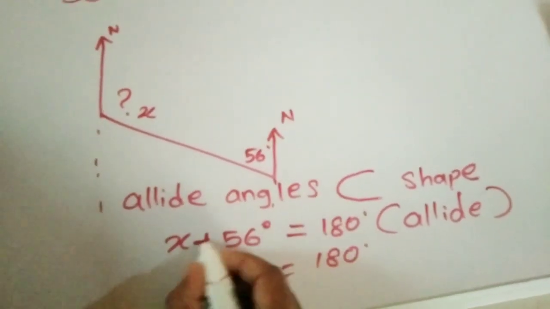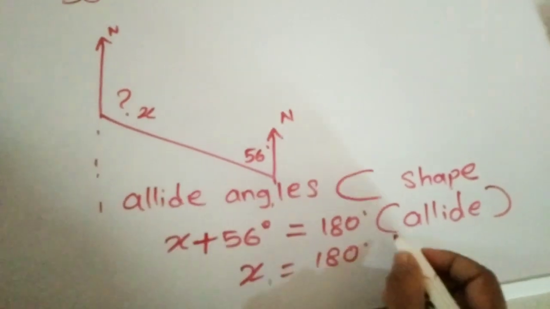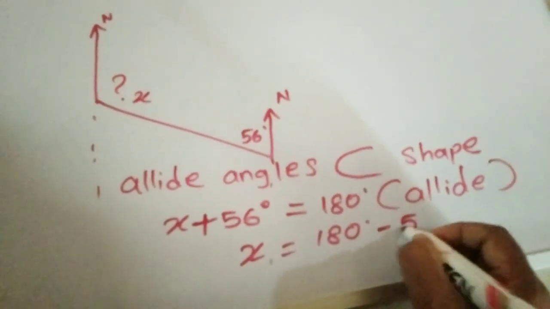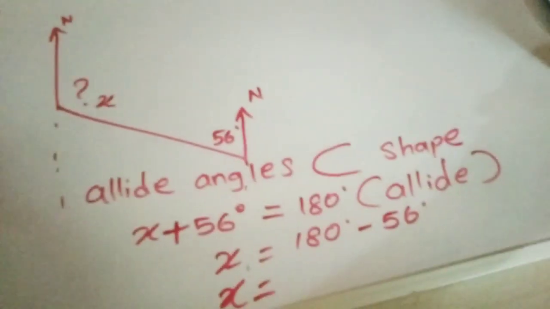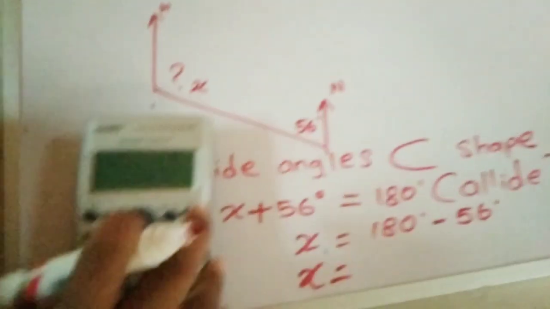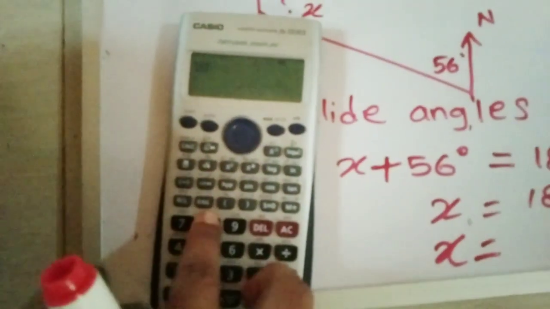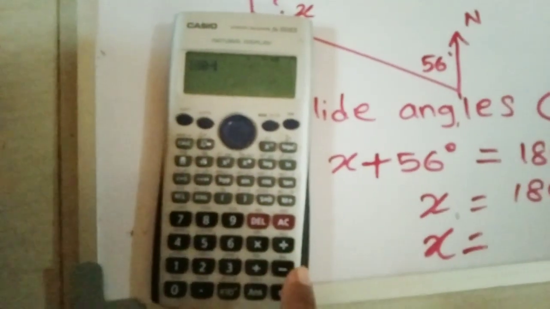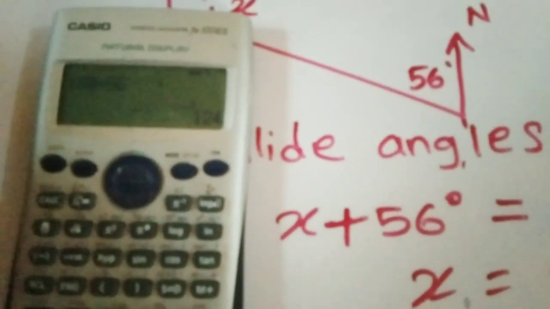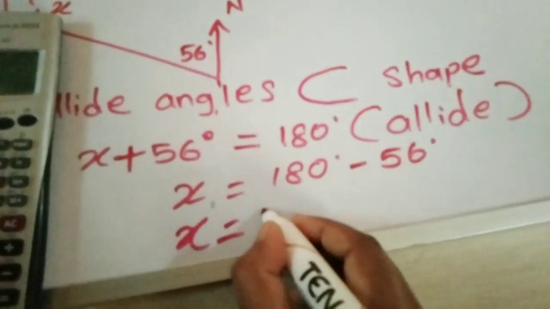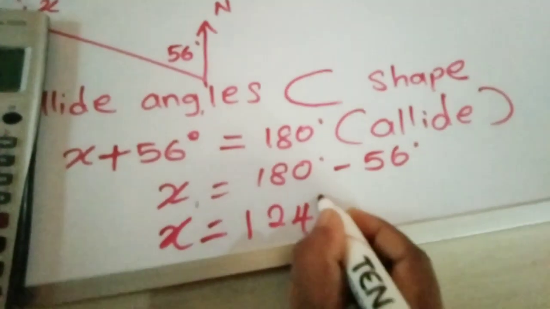To find x, here 56 is added, so when it comes to this side, it's minus. x equals 180 minus 56. 180 minus 56 is, let's calculate it. What's the answer? 124. It's 124.